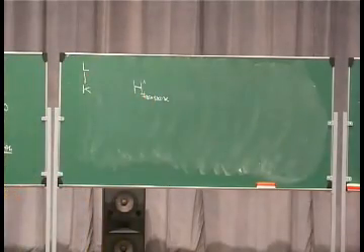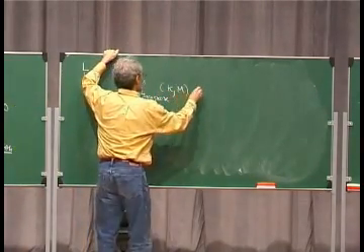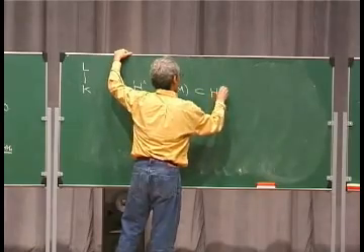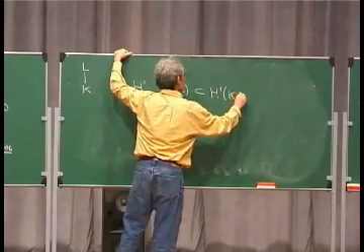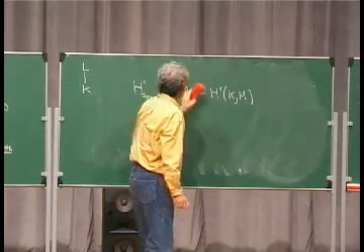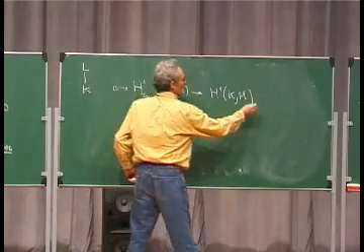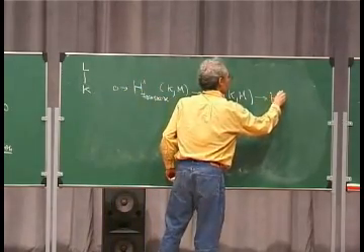Then I'll just call it H1TR when I get going. Contained in here. And I'll define it quite simply to be the kernel of the restriction map to H1L.